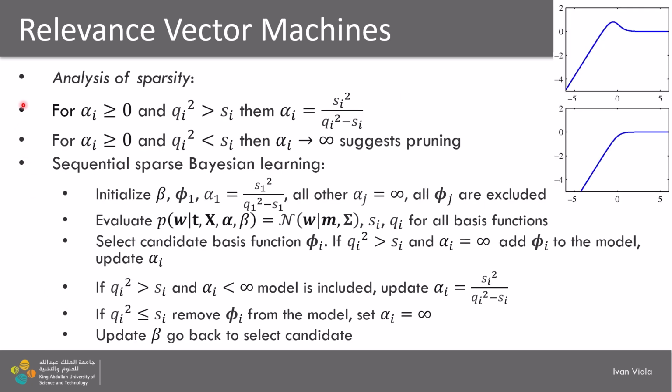Now we can analyze this alpha I and also the corresponding quality and sparsity values, and we come to the following conclusions.